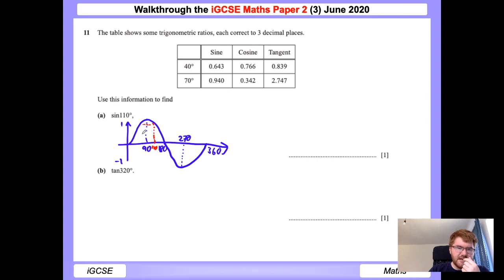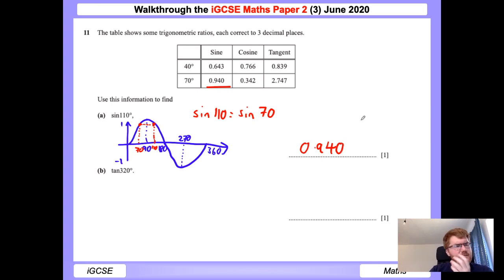So notice there's a symmetry of the graph that if we look at this point and this point, they're the same. Therefore, this means that sine 70 must be the same as sine 110. So essentially what I've done here is worked out that sine 110 by symmetry is equal to sine 70. And we know this from our table. We can just read this off. So we're just going to put in the number 0.940.